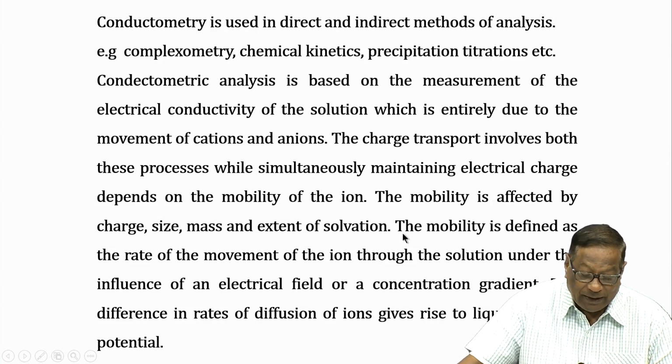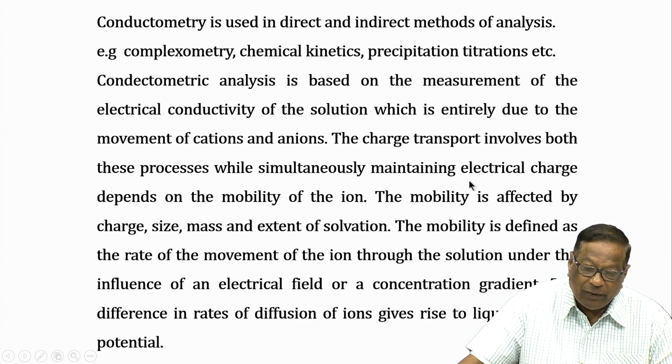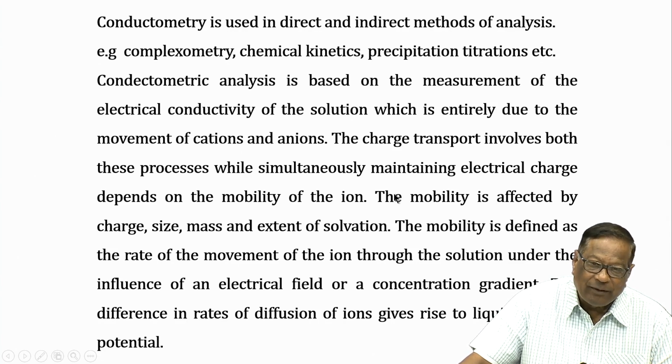So, the mobility of the cations and anions is not only a specific property of the ion, but it also depends upon several factors. For example, the mobility is affected by the charge, whether it is monovalent, divalent, trivalent, etc., and it depends on the size of the ion.